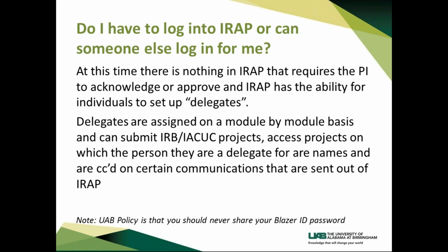Now, when we start to use the OSP module for what we're going to call proposal development, which is where you'll be able to fill out the checklist online, then your delegates with edit capabilities would be able to change that. But again, the last step is almost always going to be the PI approving something before it gets submitted, and so that's where the checks and balances are.